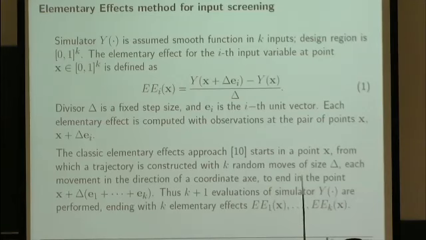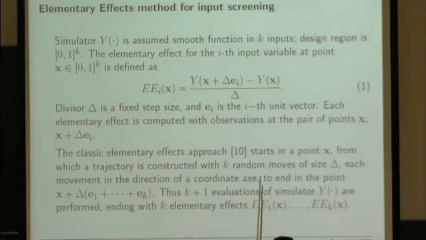The classic elementary effects method starts with a point x from which a trajectory is constructed. From a given starting point, k moves are performed along the axes. So you move along one axis, then another axis, and the selection of axes is random, but eventually the trajectory ends up at this point.